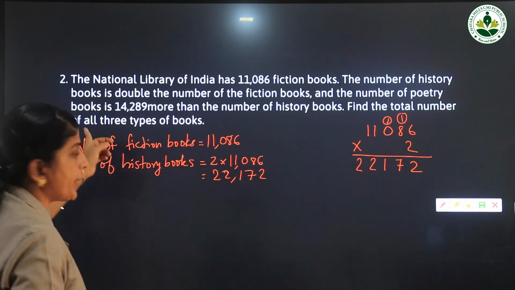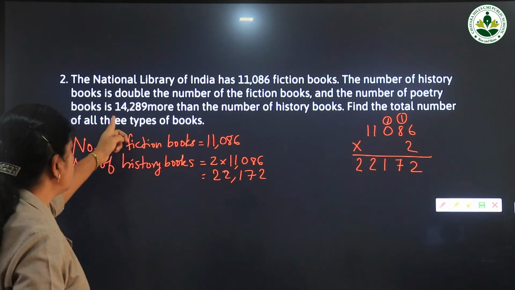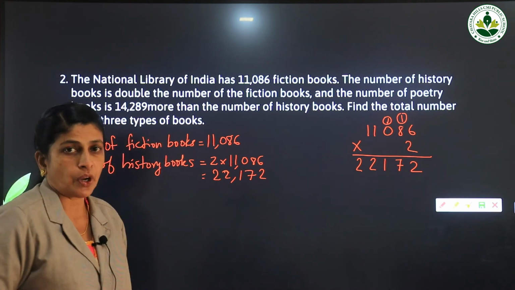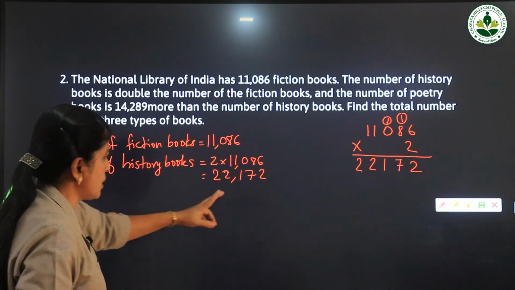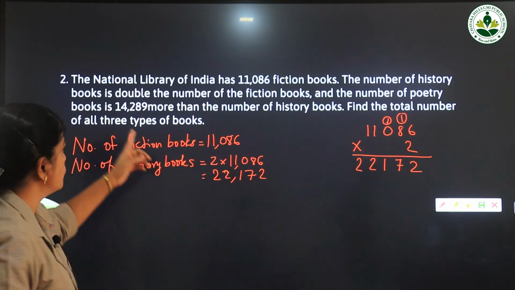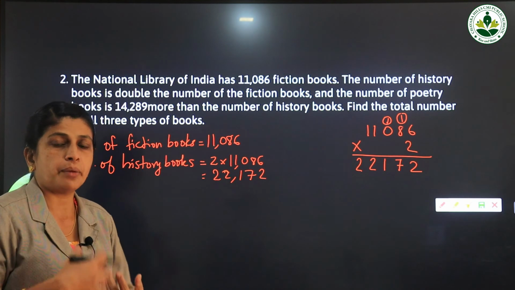Okay. Then what is the next thing? The number of poetry books is 14,289 more than the number of history books. Number of history books we got. Then the number of poetry books is 14,289 more.